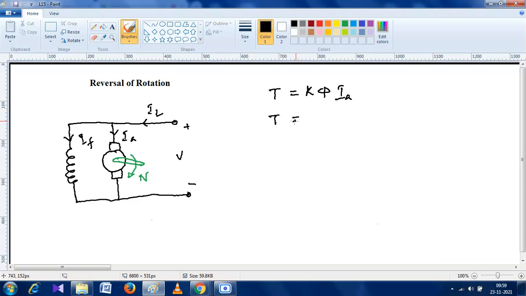So we can modify the torque equation like that. Suppose we have a torque, due to which the rotation is clockwise.